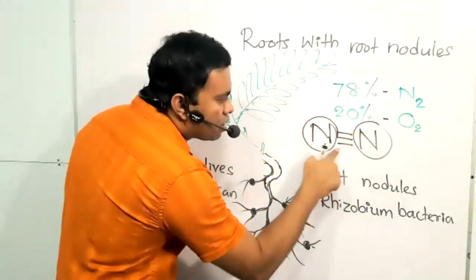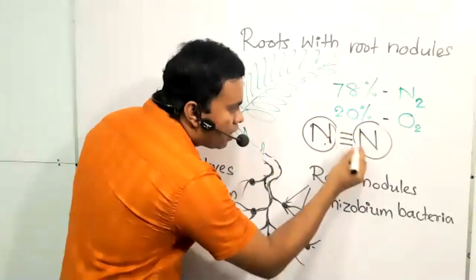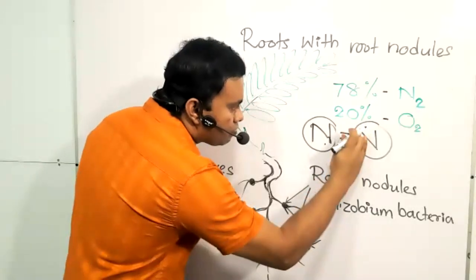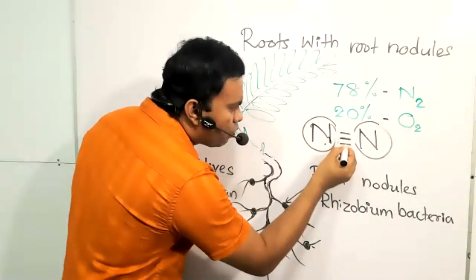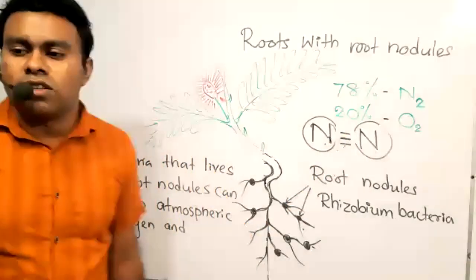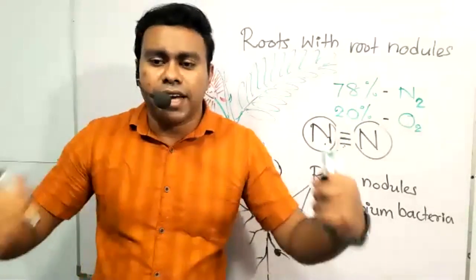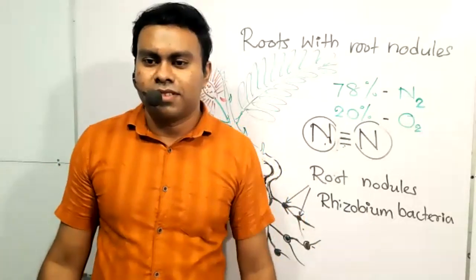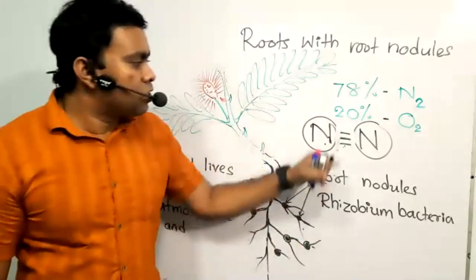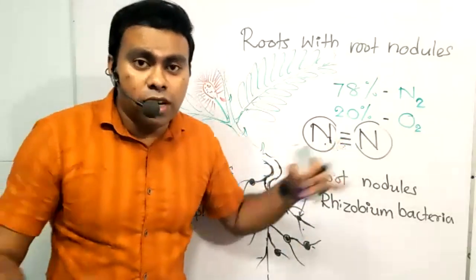One line indicates one bond. How many bonds here? 1, 2, 3. So this is not easy to break. Can you understand? This is not easy to break. So this can be broken by lightning.